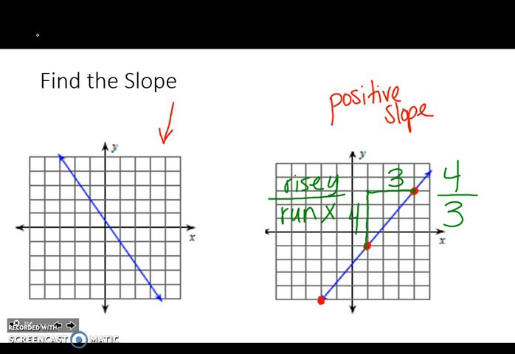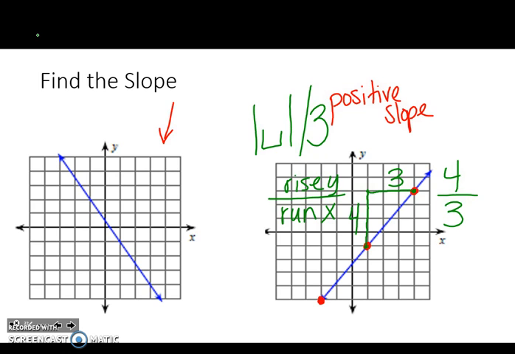Now, the next thing you should be doing is making sure that it can't reduce. So you should be typing in 4 ABC 3. When you type 4 ABC 3 into your calculator, it gives you a mixed number. Remember that I said you have to write your slope as a fraction. A mixed number is not a fraction, okay?